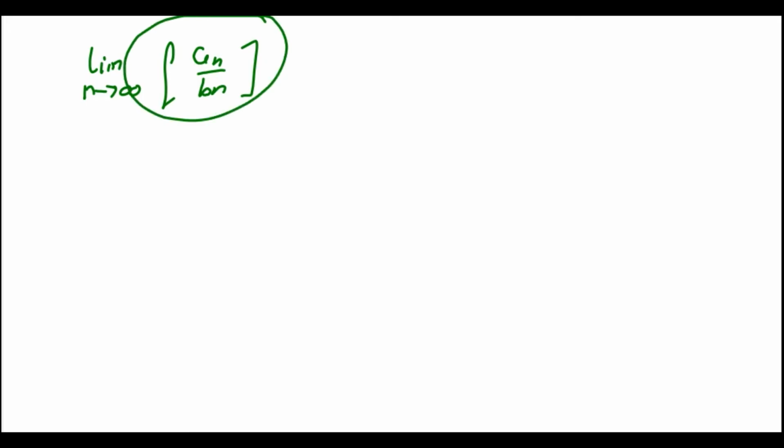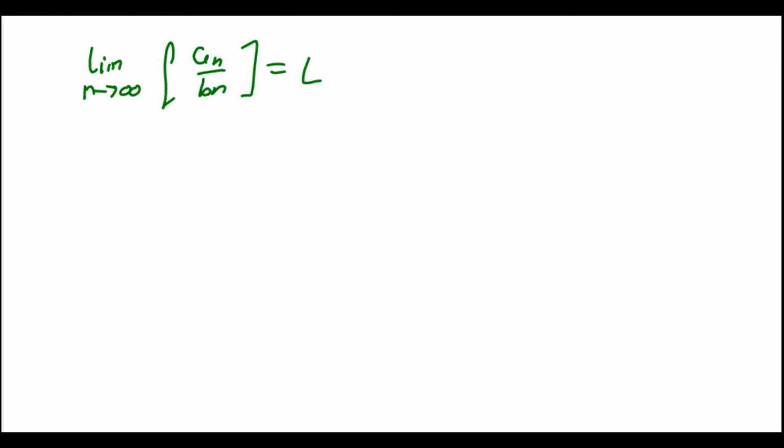When you're using the limit comparison test, the idea is you're going to have your series in the form, let's say, the limit as n approaches infinity of a sub n divided by b sub n. Okay, the solution here is going to be given as L.